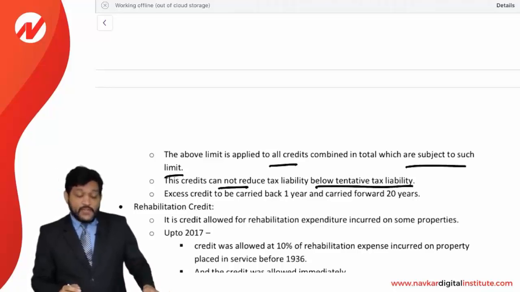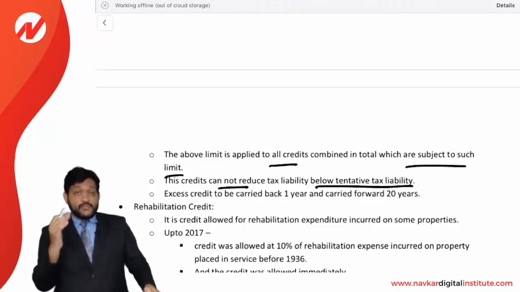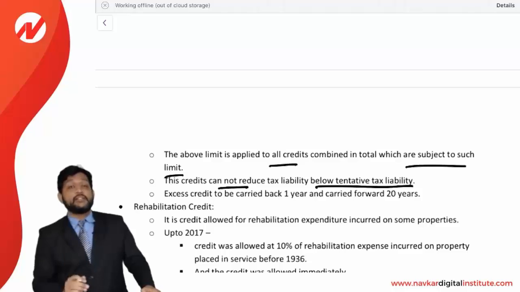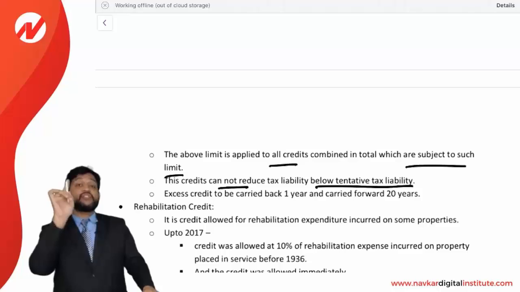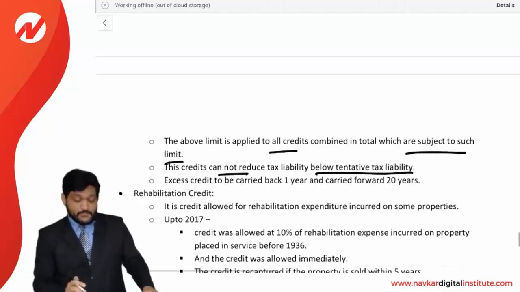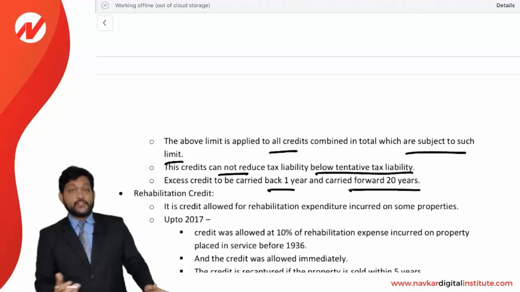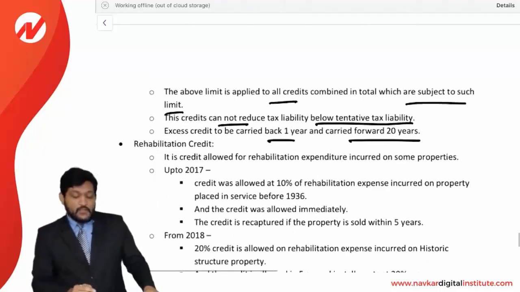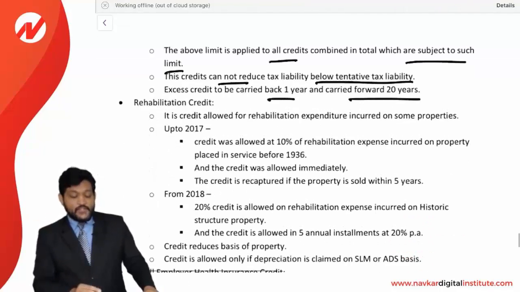It means general business credit will be allowed only up to tentative tax liability. It cannot go beyond tentative tax liability, which we are calculating for the AMT purpose. Excess credit to be carried back 1 year and carried forward 20 years. So if general business credit is in excess, then it will be carried back 1 year and carried forward for 20 years. Okay, now let us discuss the credits one by one.